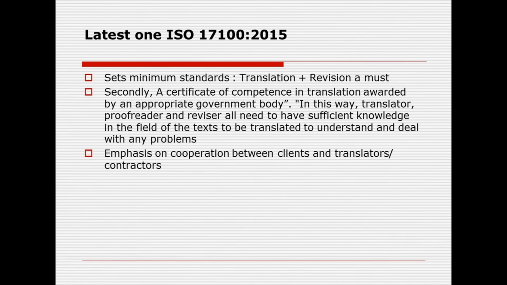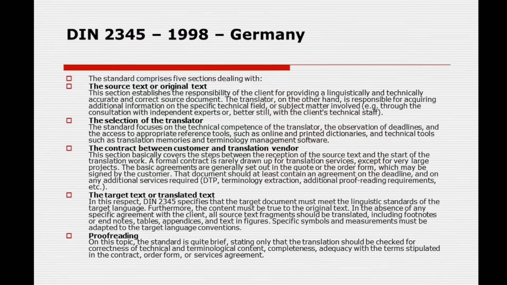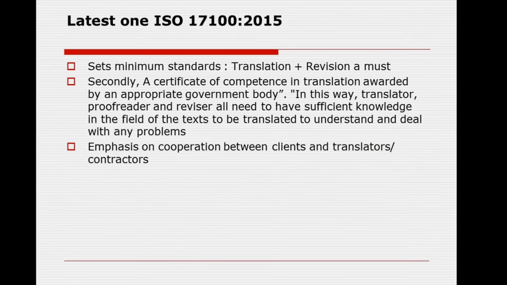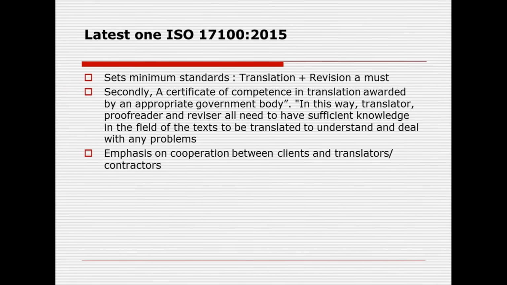As I had told you, apart from the latest one, the Canadian standard, which came into the picture in 2008, industry people have been working hard to bring in other standards, and that standard is ISO 17100:2015.